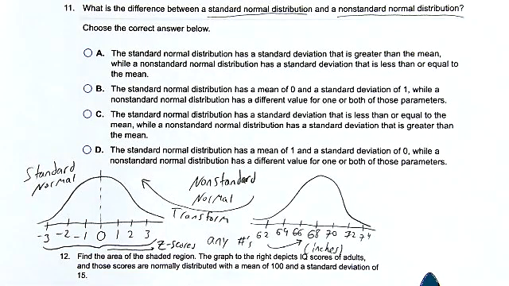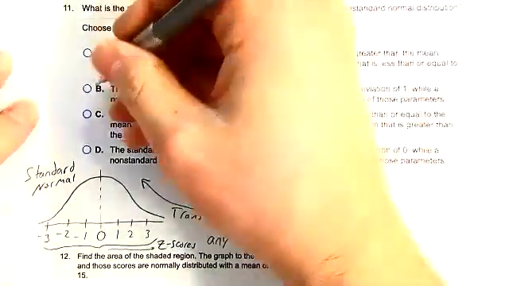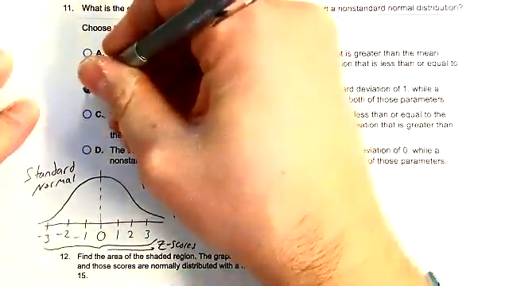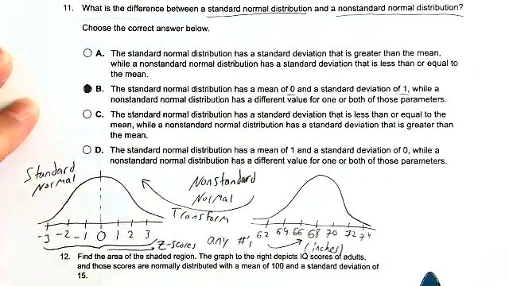And in fact, that's the whole goal of section 6.2, to take non-standard normal curves and transform them into standard normal curves. So what is the difference? The difference is that the standard normal curve, the answer is B here, has a mean of 0 and a standard deviation of 1.